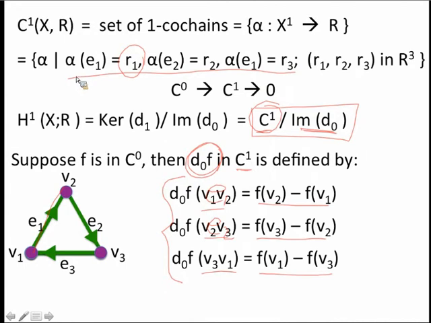If I take an arbitrary one cochain alpha that may or may not be in the image, then alpha of E1 is defined by choosing the element in the ring it gets sent to. Is there a D naught of F that will send my edge E1 to an arbitrary point in my ring, such as R1?